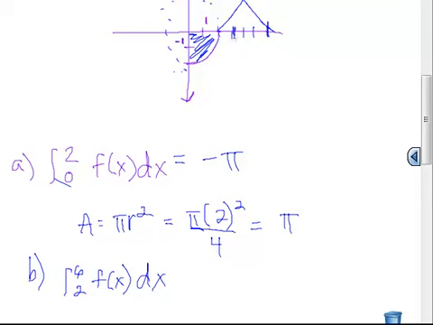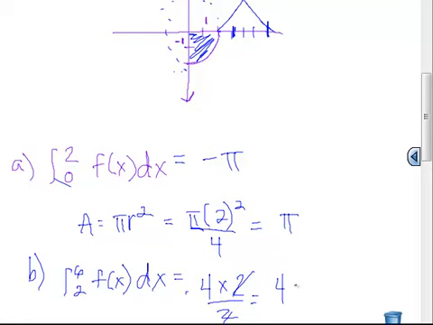Once again, I don't even know what this function is, there's bits and pieces to it. So I'm just going to say this is a triangle with a base of 4 and a height of, let's see, 2, because this is 4 comma 2. So you get 4 times 2, divided by 2, because this is the area of a triangle as given in the geometric formula.